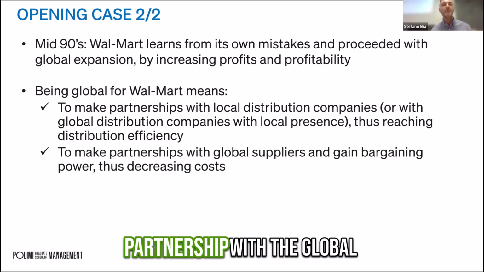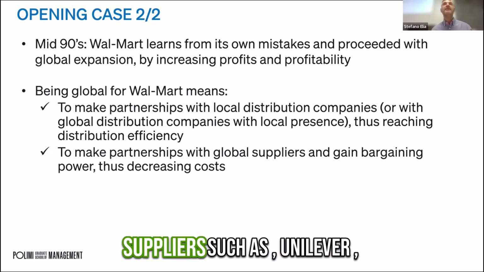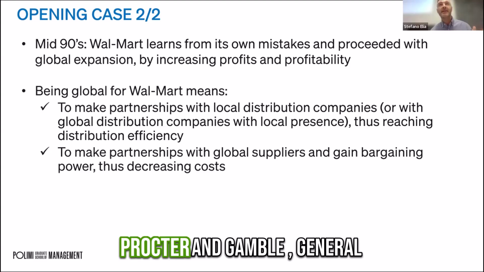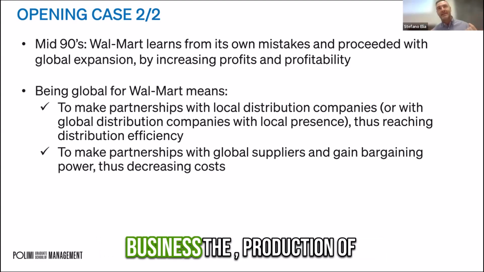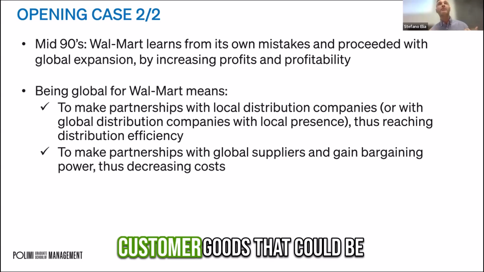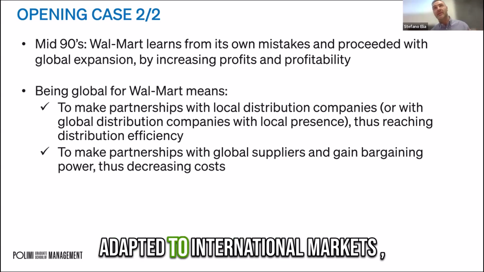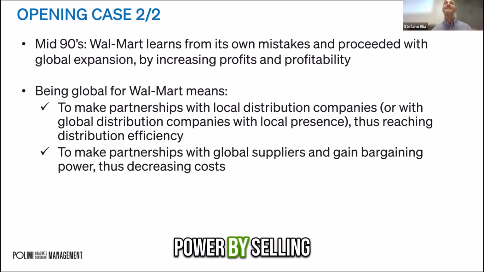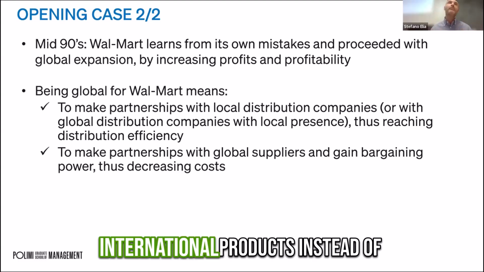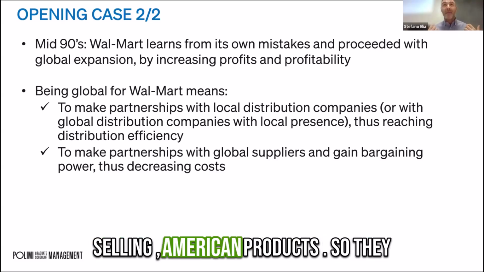Basically, they made partnerships with global suppliers such as Unilever, Procter & Gamble, General Electric, that already had in their business the production of consumer goods that could be adapted to international markets, which means that basically they were able to regain the bargaining power by selling international products instead of selling American products.